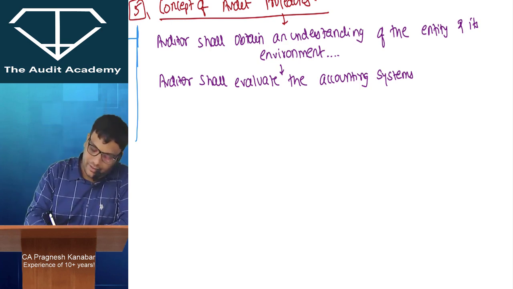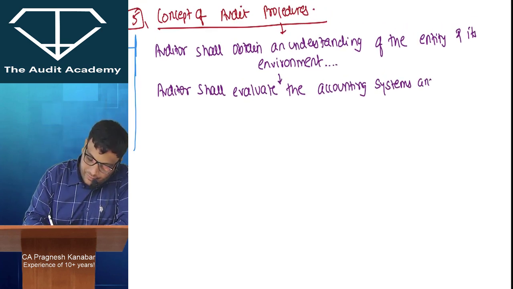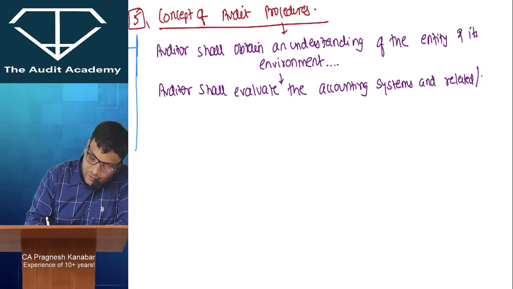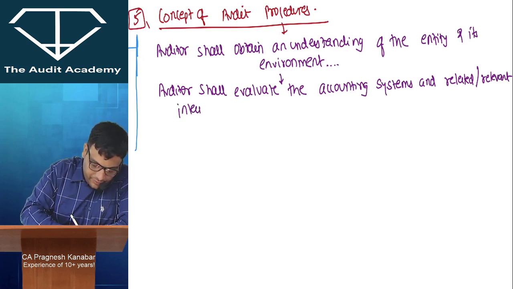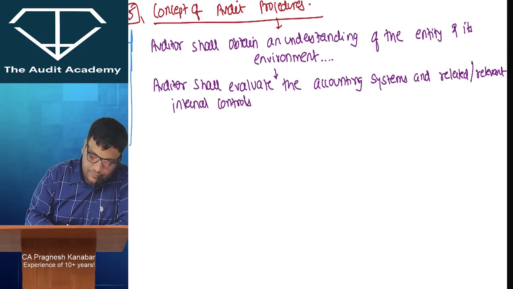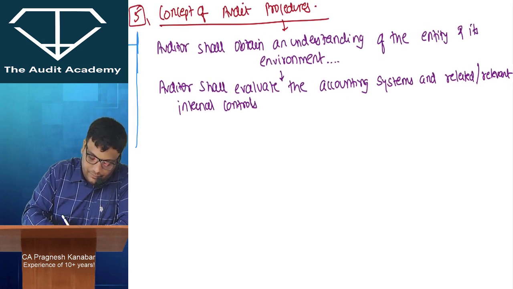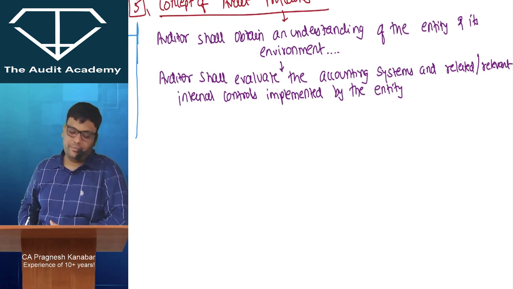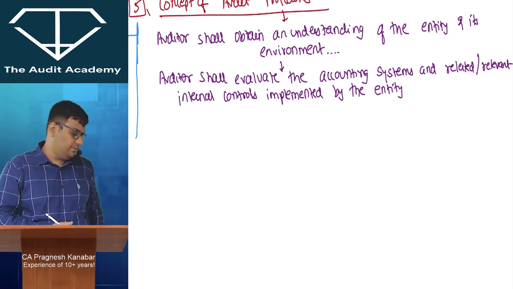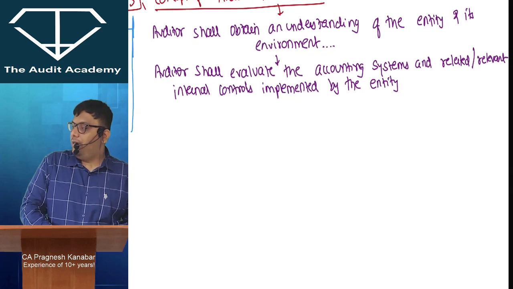Or use this: auditor shall evaluate the accounting system and related or relevant internal controls, because when you write only internal controls, that means you are worried about everything. In practical subjects, figures matter, than in theory subjects, the words will matter. Auditor shall evaluate the accounting system.